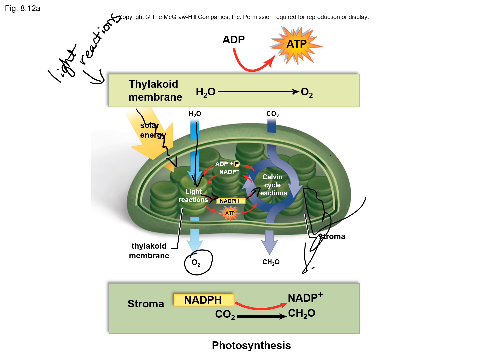Then the ADP plus P will get converted to ATP, and that ATP is needed in the Calvin cycle.